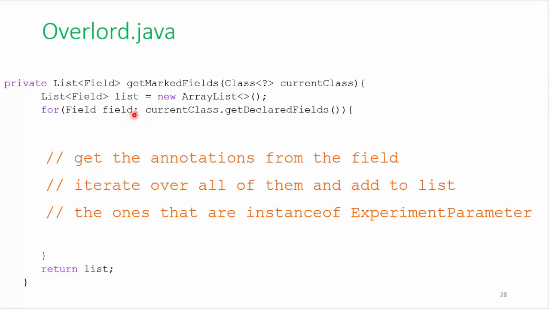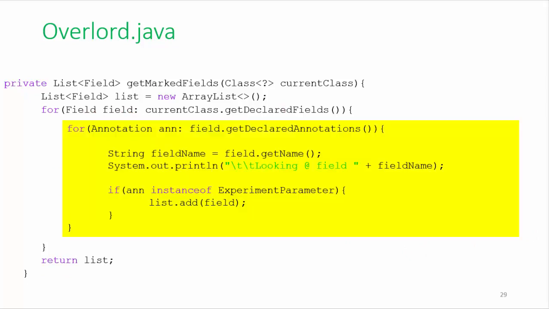And then we iterate over each of those fields, and we do, again, some filtering. For each field, we say, get me all the annotations that have been used to tag that field. Then we get the field name, we display it, and we check one by one if any of those annotations is an instance of experiment parameter, which is our new annotation.